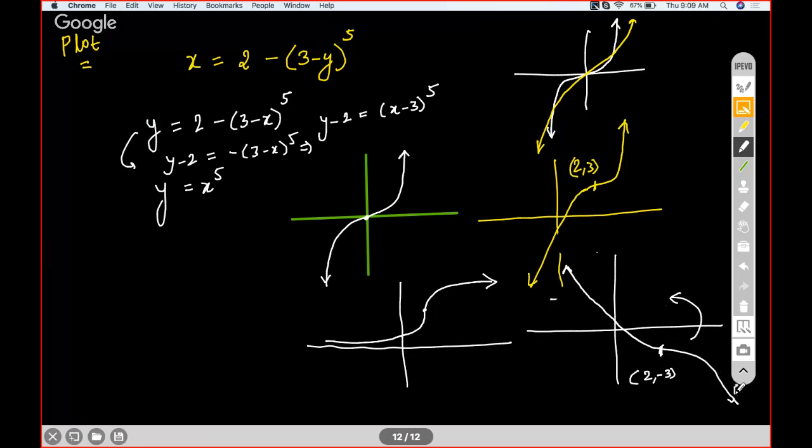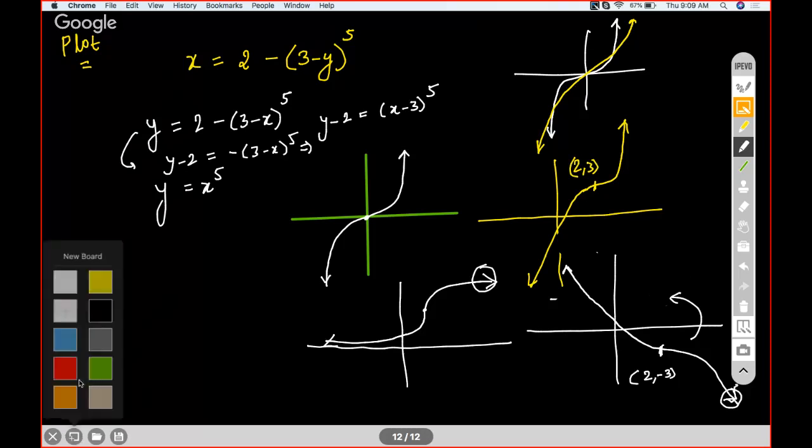So this face will be this face, and this face will be like this. Are you getting such kind of a graph? No, I don't know. I'm getting the reflected point is 2 comma 3. I moved it 3 units to the left. Then after that, what did I do?